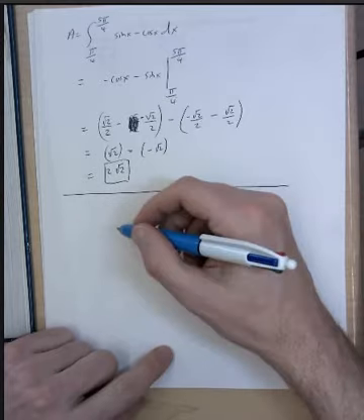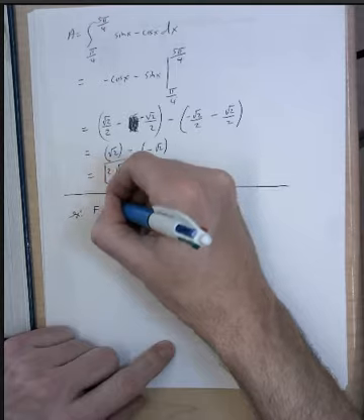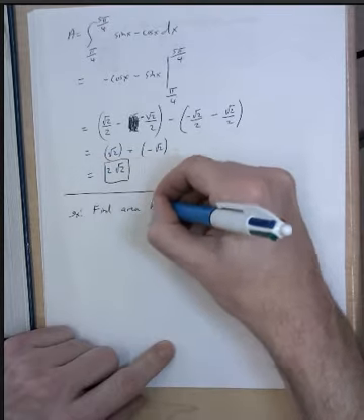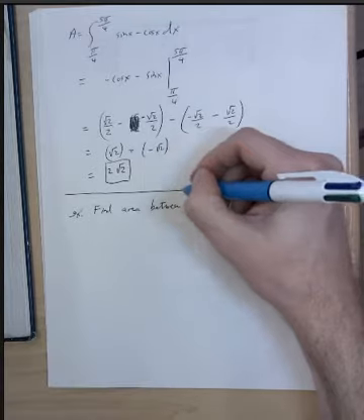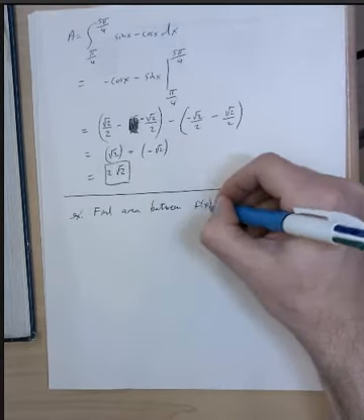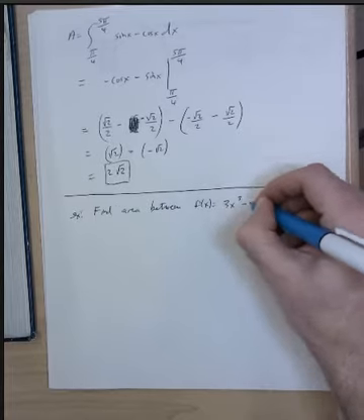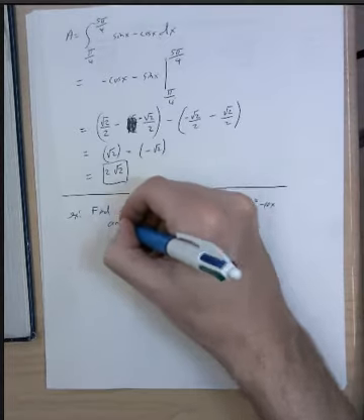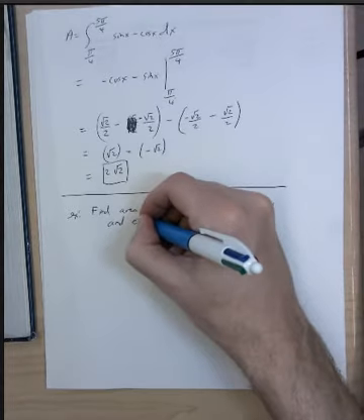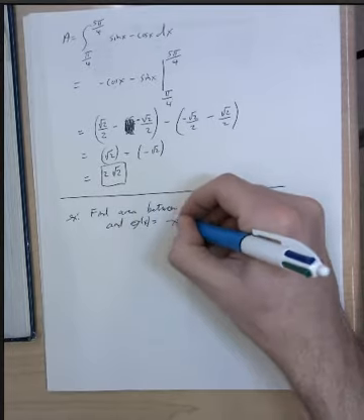Okay, so here's another example for us. We want to find the area between f of x equals 3x cubed minus x squared minus 10x and g of x, which is negative x squared plus 2x.